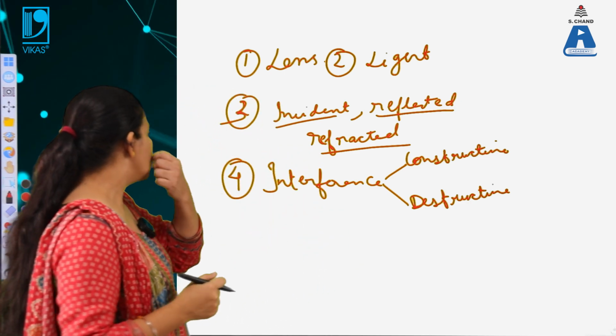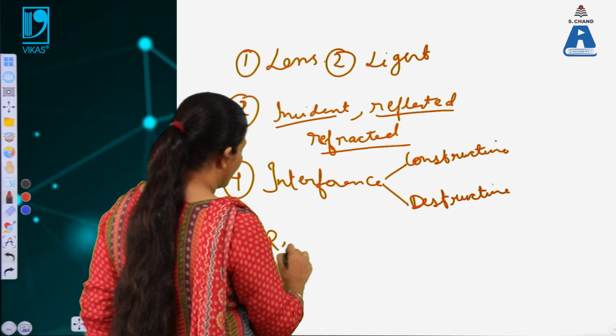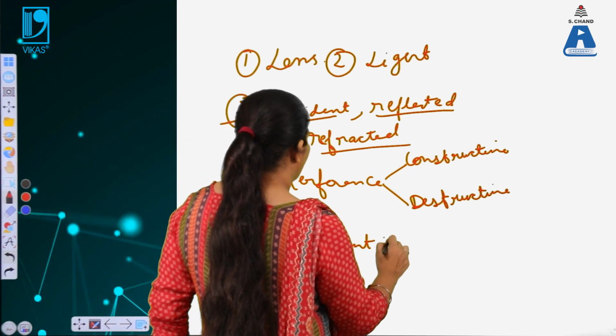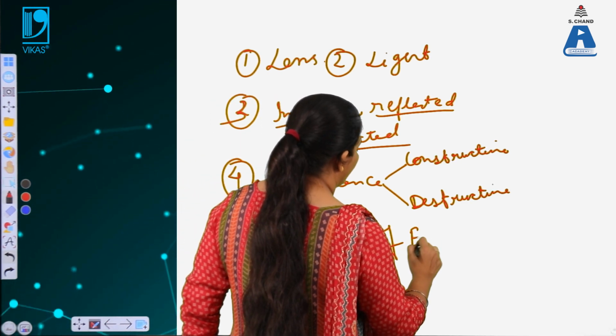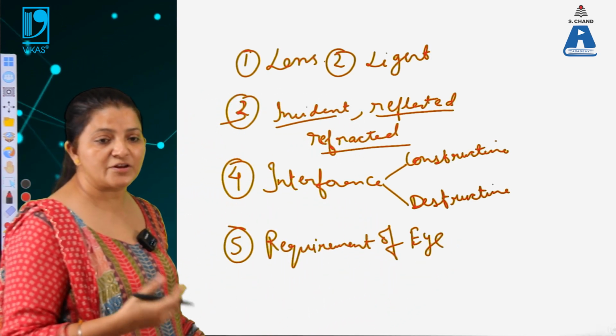Then the last requirement is the eye, in order to see the constructive or destructive interference pattern.